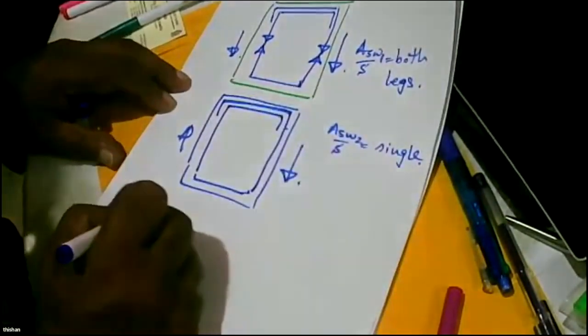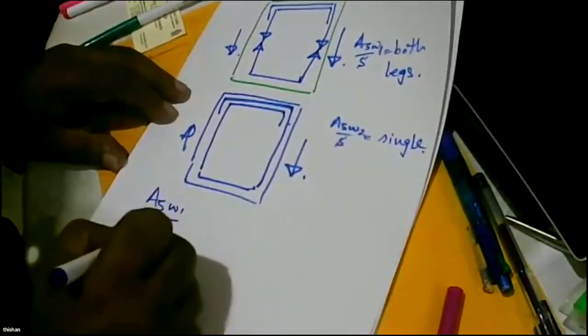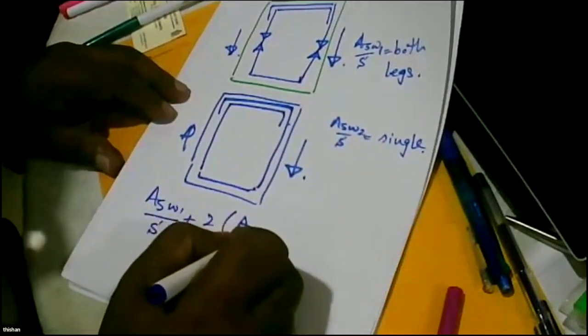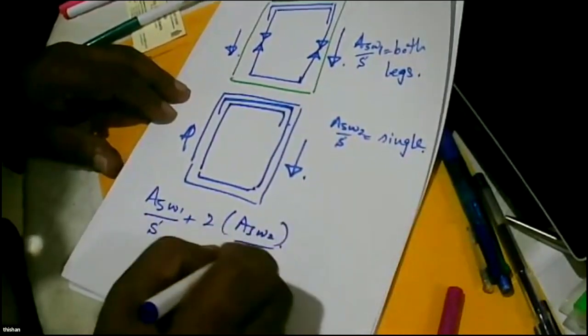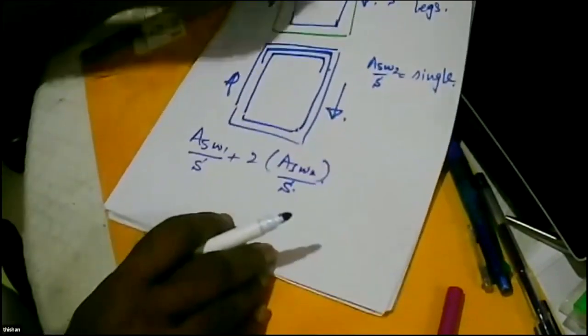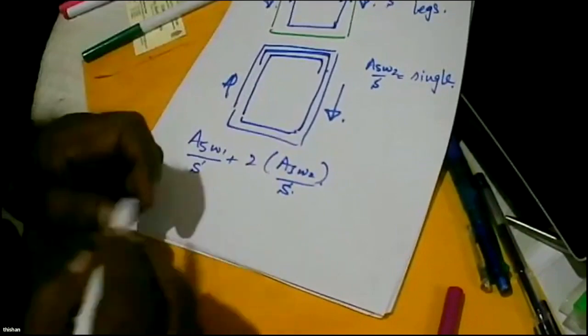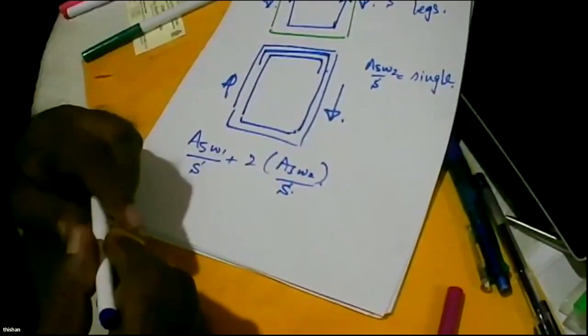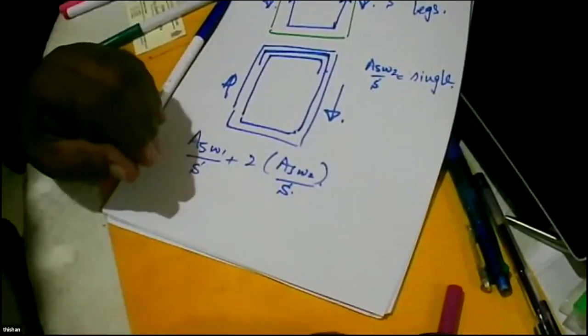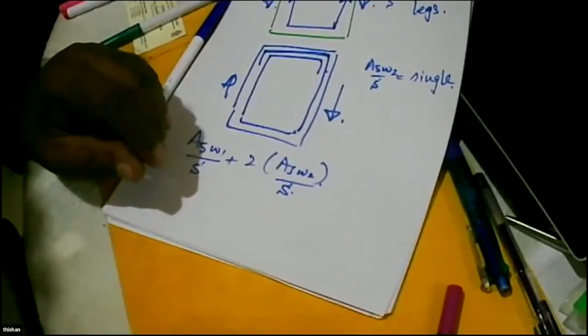Then the total link requirement will be ASW over S plus twice ASWS over S. This is the total link requirement. Is that clear? Yes. Right. Okay, so I'll go back to the screen.